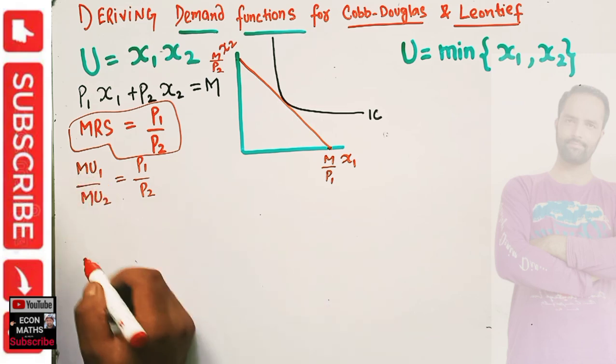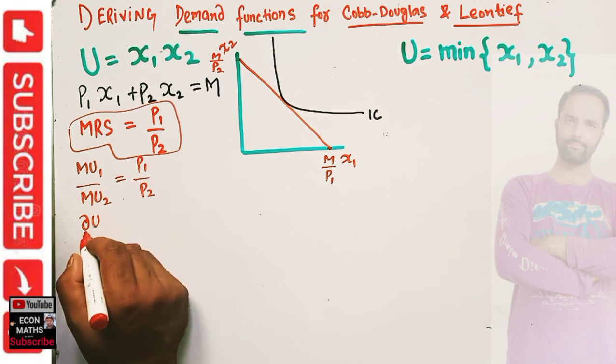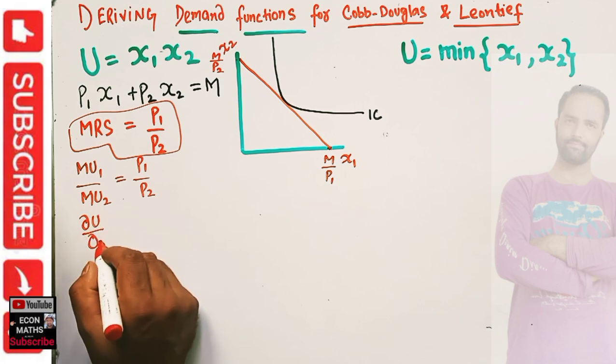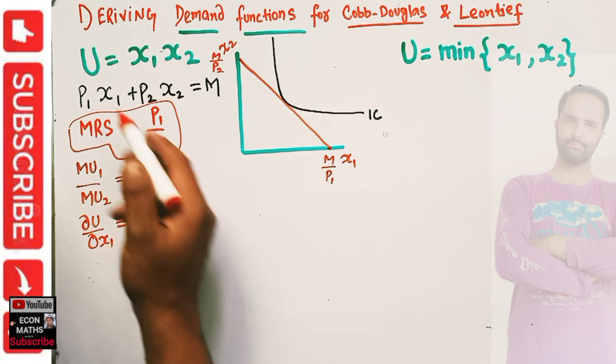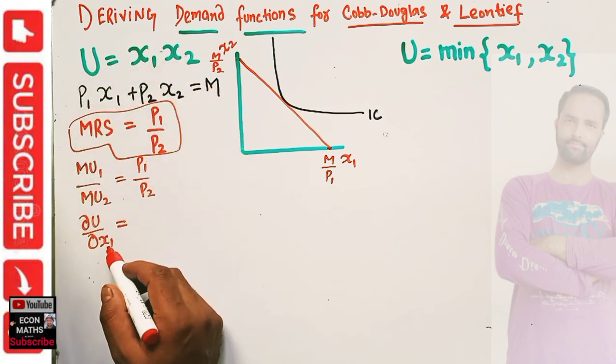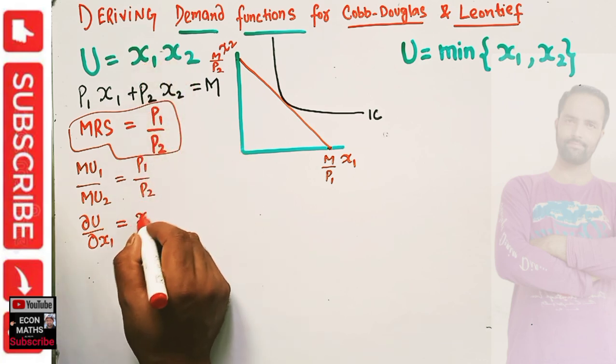Marginal utility of 1 means derivative of utility function with respect to good 1. Okay, take derivative of this utility function with respect to x1. So derivative of x1 is 1, we are left with x2.